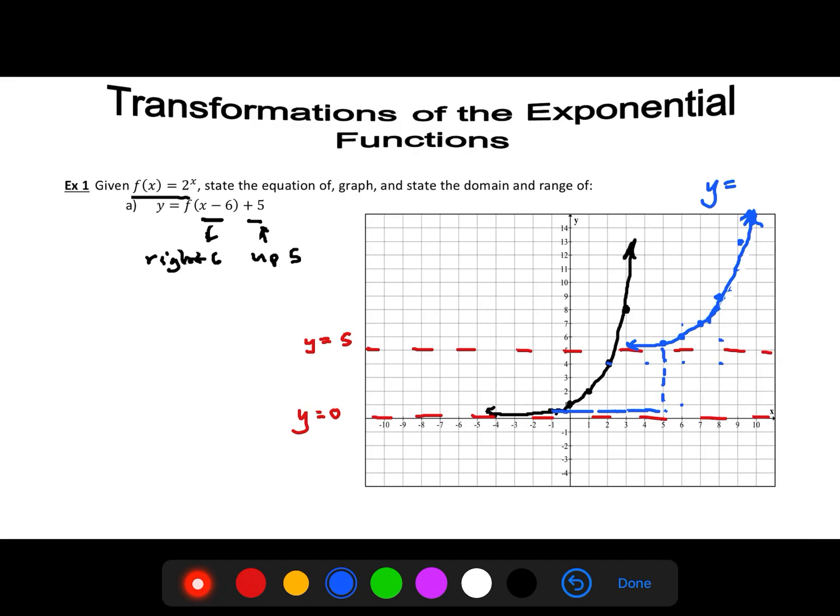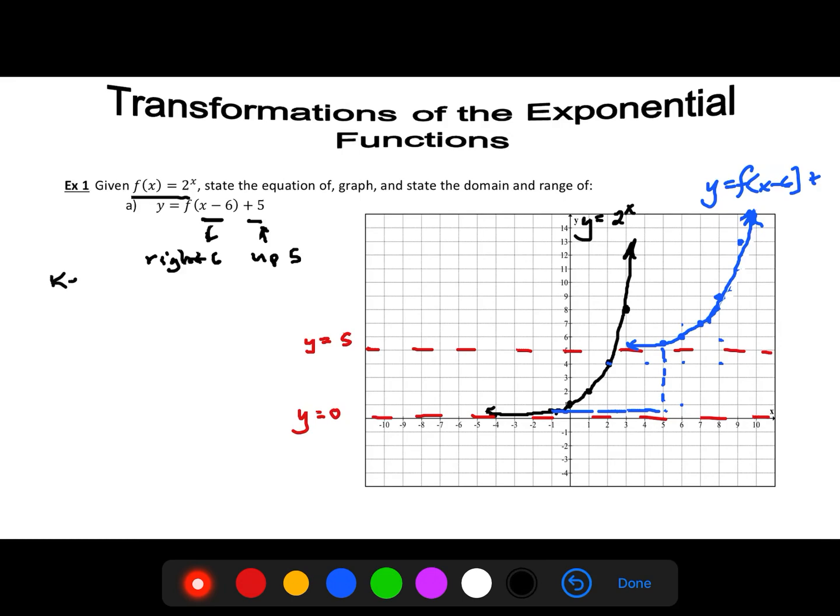As always, we want to make sure that we label with our equation. So y = f(x - 6) + 5. Sorry, my 5 is not going to go on the end there. And our original y = 2 to the power of x.